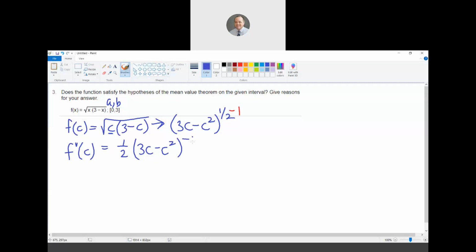So that would be to the negative 1/2 power. And here's where you introduce the chain rule by taking the derivative of what's inside your parentheses. So the derivative of what's inside the parentheses is just 3 minus 2c.